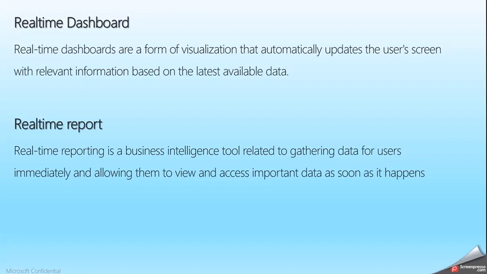Common scenarios for real-time analytics include Internet of Things, IoT devices, factory sensors, e-commerce, inventory management, geo-tracking, financial trading, application telemetry, call centers, and others. What is meant by real time is that the data is always current and users aren't required to interact with the visualization. Data visualization refreshes automatically to always show current data.